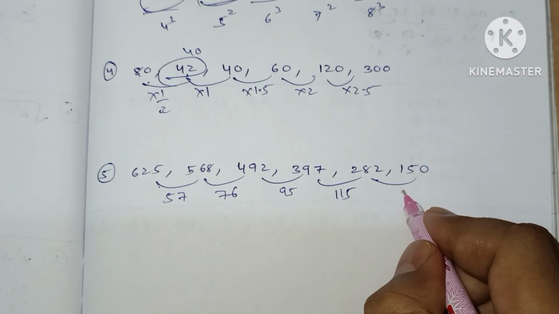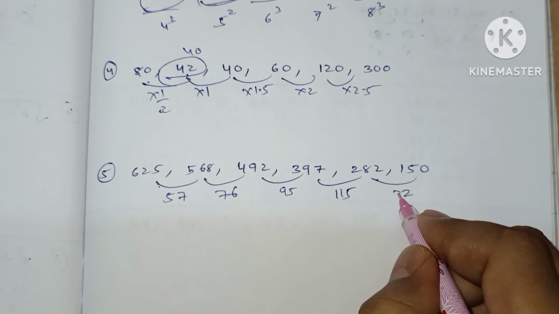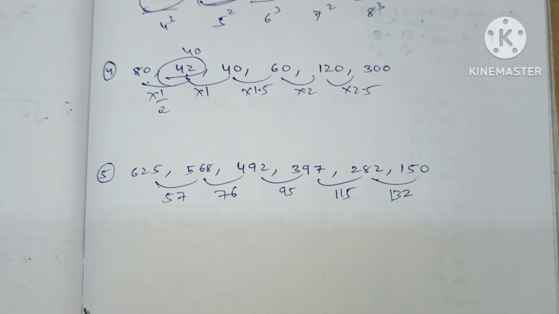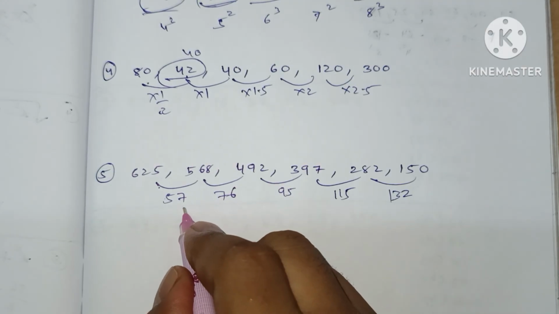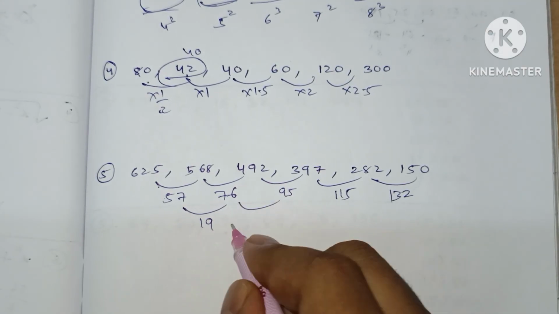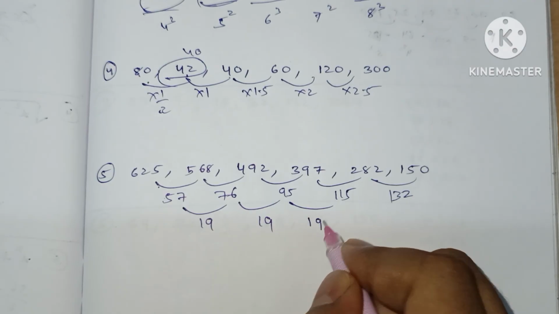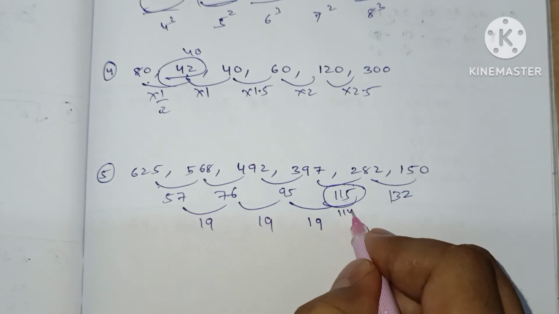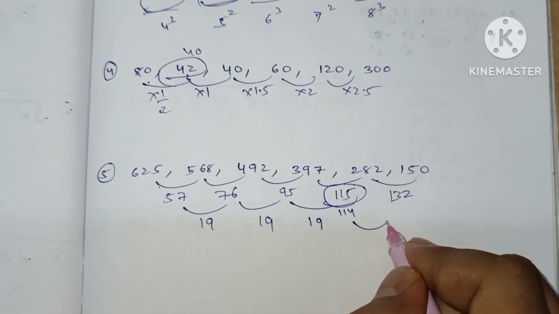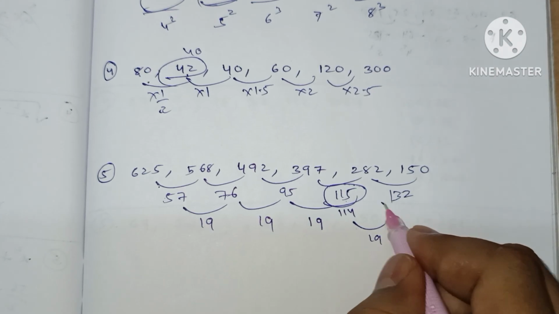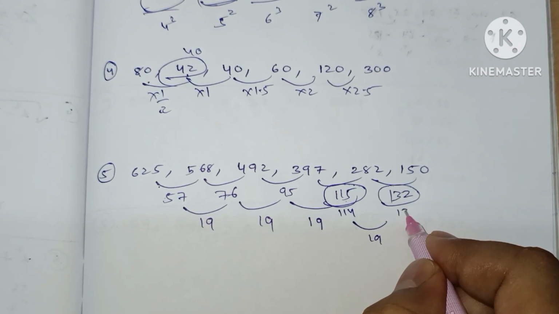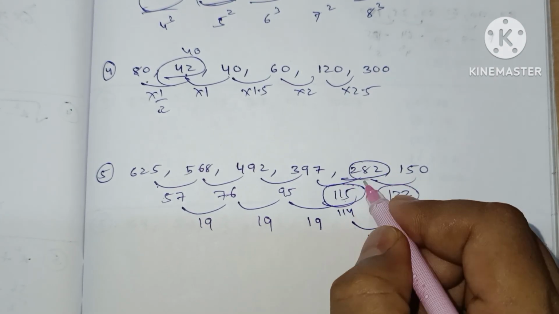Here the difference will be 231. Let's see further differences. Here the difference is 19. Here the difference is 19. Here the difference 19 means not this one, 114. 114 plus 19 will be 133. So wrong number is this one.